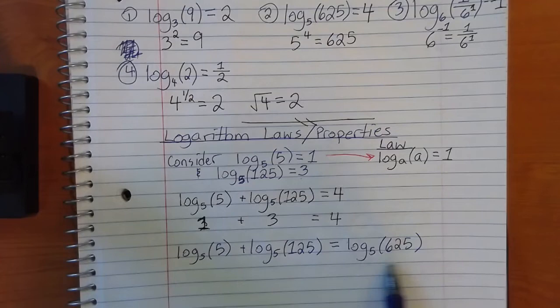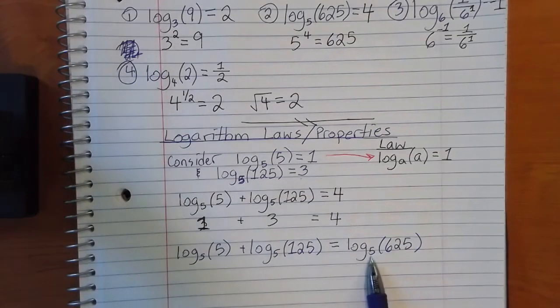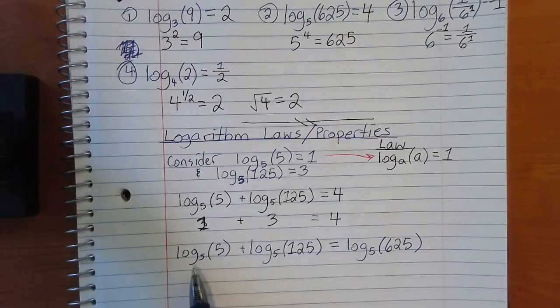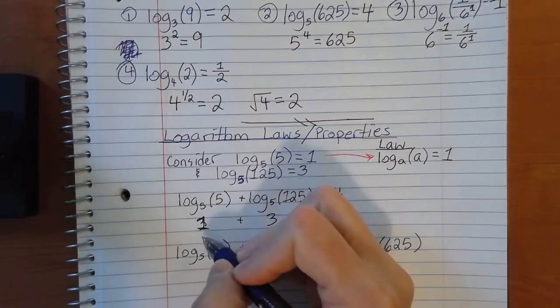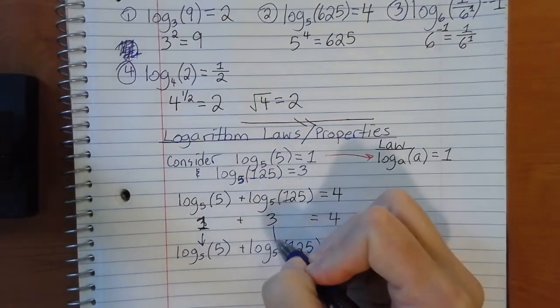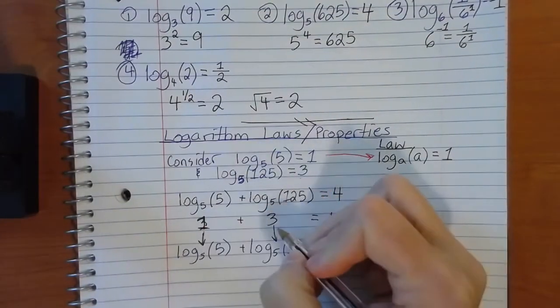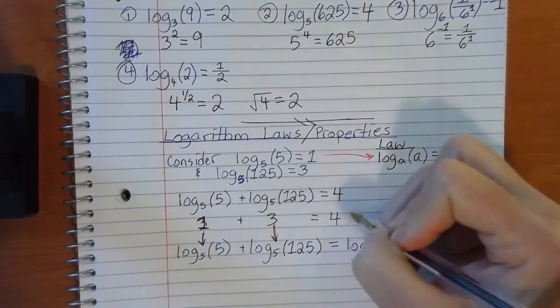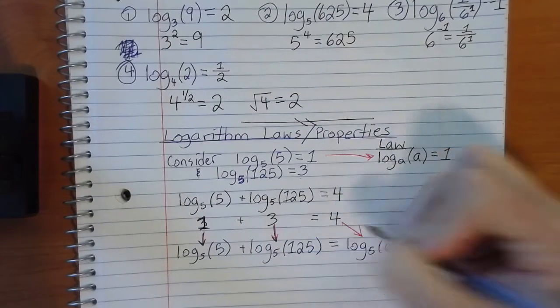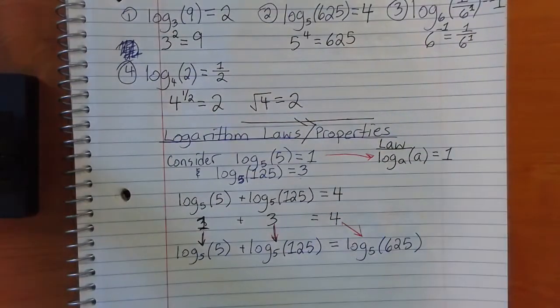This we know equals 4. 5 to the 4th power equals 625. 5 to the first power equals 5. 5 to the 3rd power equals 125. And we could even draw some arrows in to show each of these are matching up with what they're equal to from what we already did earlier.